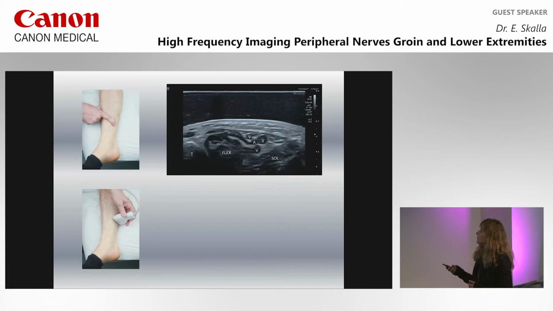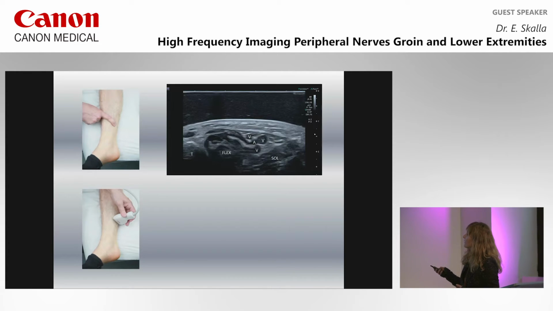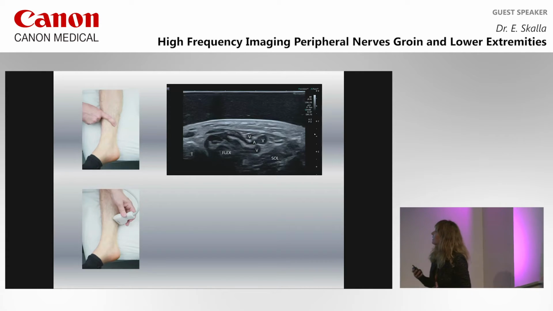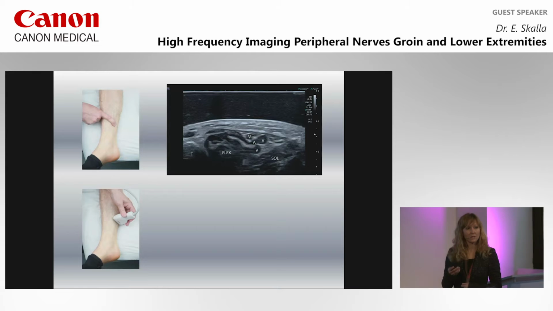Here we can see the bony structure of the tibia, the flexor muscles, the end of the soleus muscle, and the most important internal landmarks for the tibial nerve are the posterior tibial vessels. Here you can see, usually very easily, the posterior tibial artery.